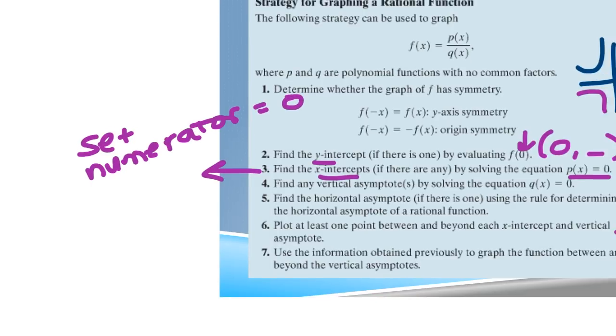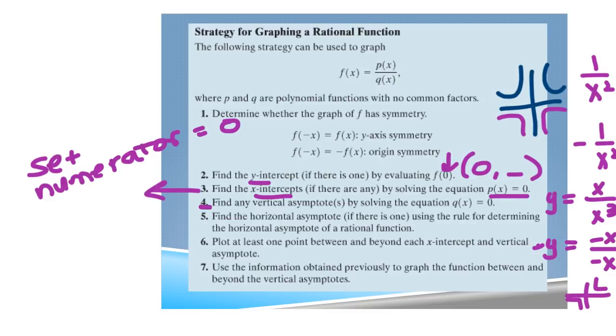Then find what we just talked about in this lesson. The vertical asymptotes, the horizontal asymptotes, graph those, plot your intercepts, and then if you need additional points, plug in points in between each range. Use the information obtained previously from all of these steps to graph the entire function.